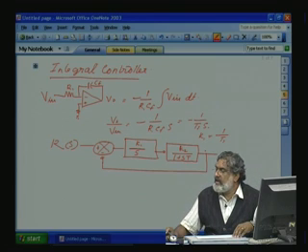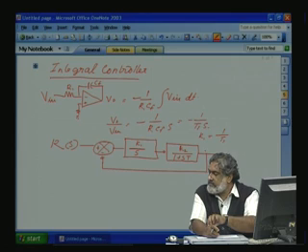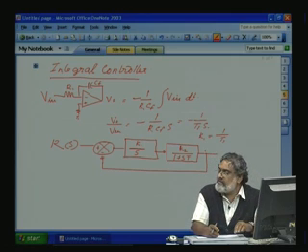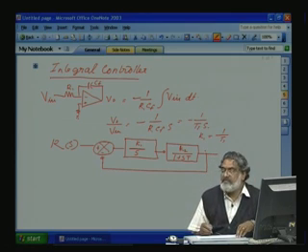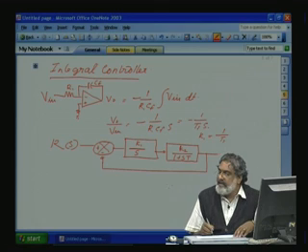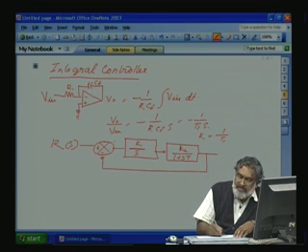Same like before, if you use the transfer function Es by Rs, this is Es.